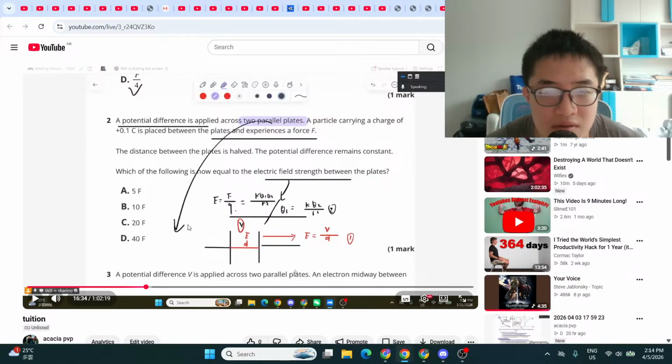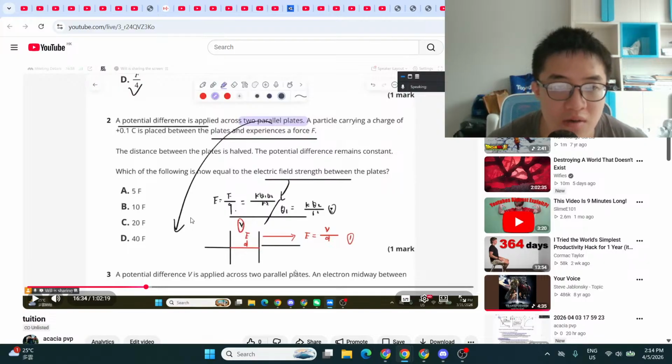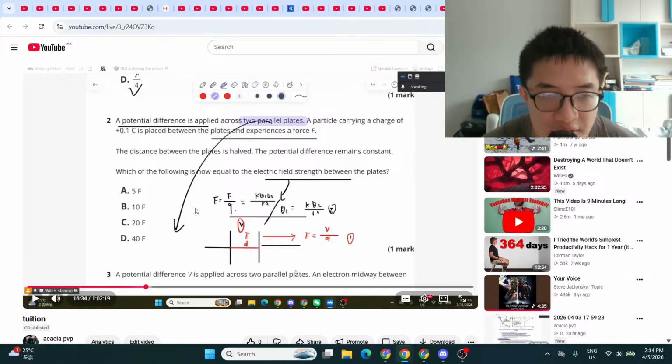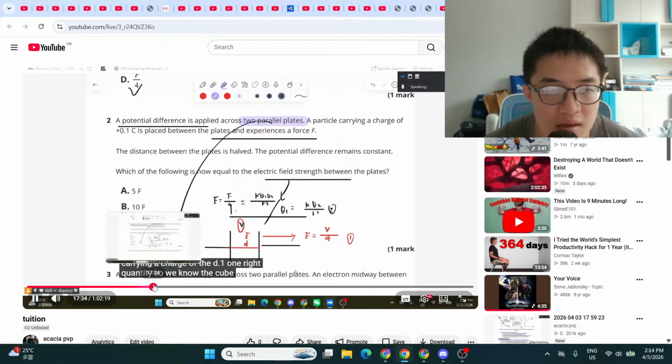E equals F over Q equals V over D. Distance is halved, so E is doubled. Since E is doubled and we're representing E and F, we use the charge to calculate 10F times 2 is 20F. Right?